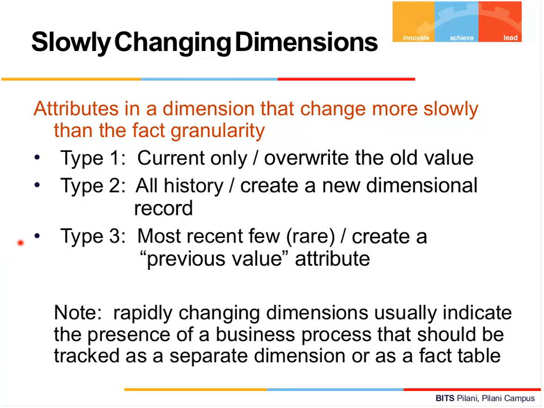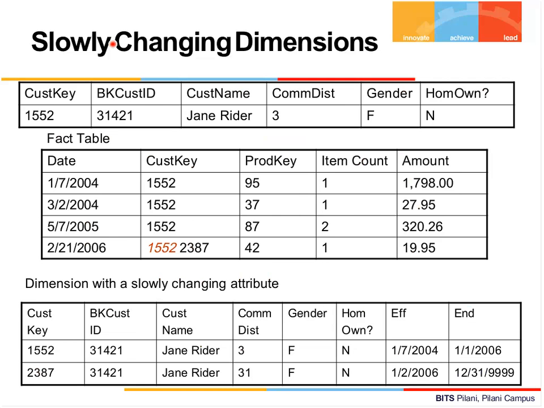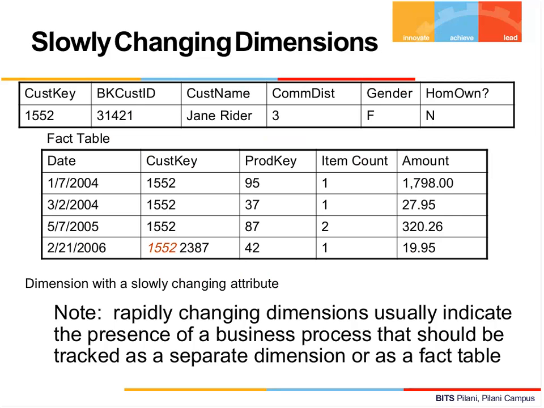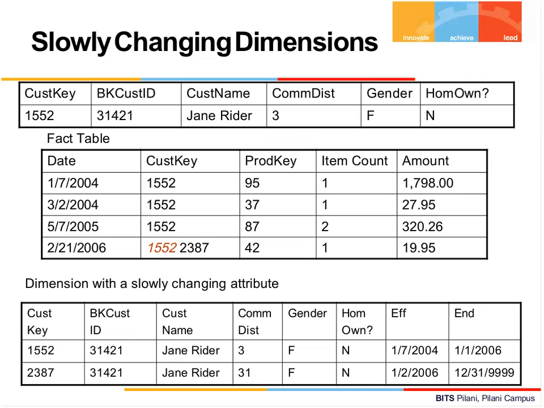If there is a change, you apply the rule of type 2. If there is a change in that column, you apply the rule of type 3. We're going to touch on that in the next class, when we're talking about ETL. Then I also would like to highlight rapidly changing dimensions here. There's a slide on that, but I think we took this example in the last lecture. If you have any questions, please raise them, but otherwise it's a very clear example.